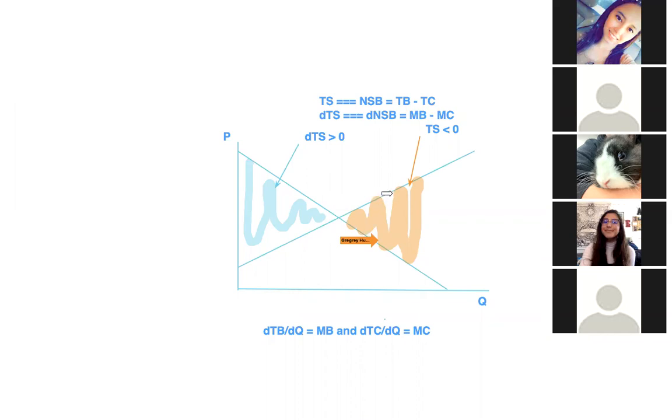As you produce more and more, the cost stays above the benefit. A lot of times people will call the marginal benefit the buyer's value, because it's intuitively easy to think about.